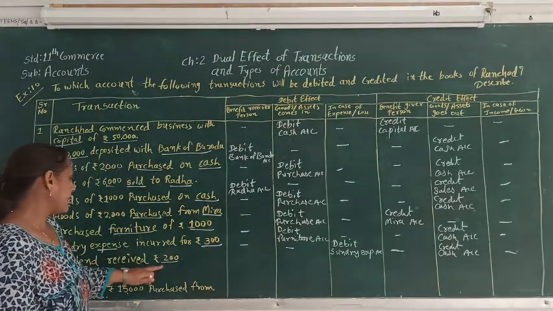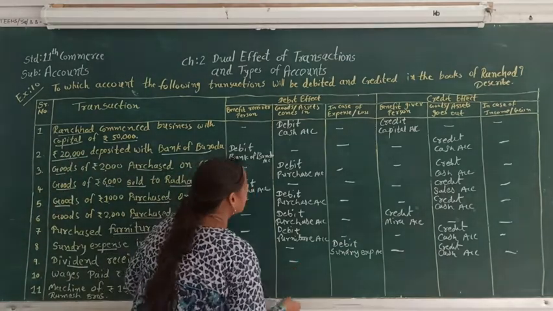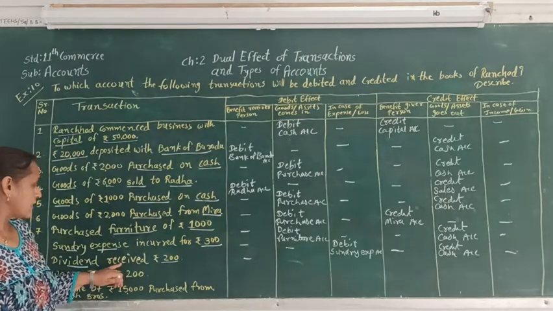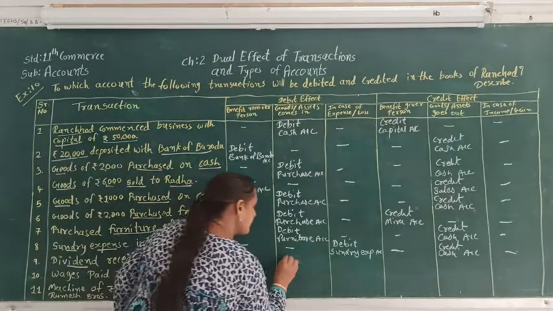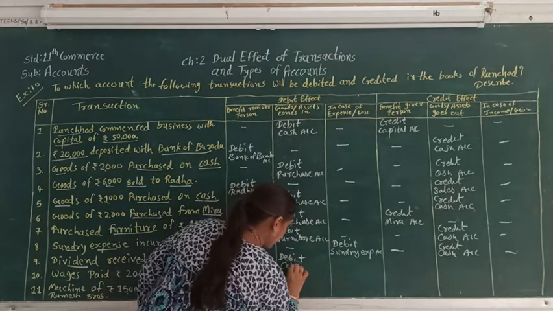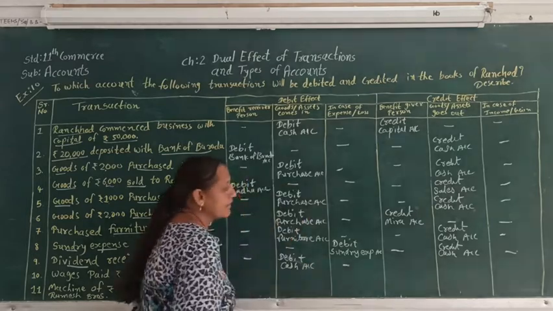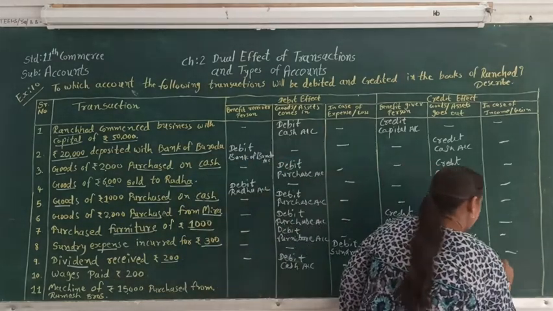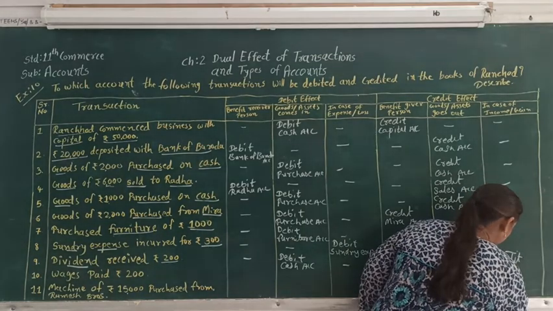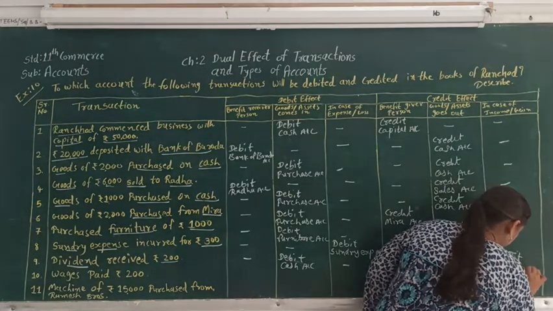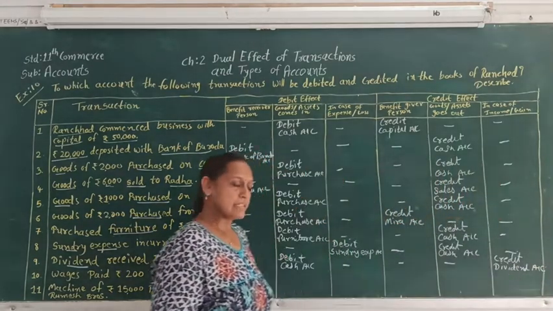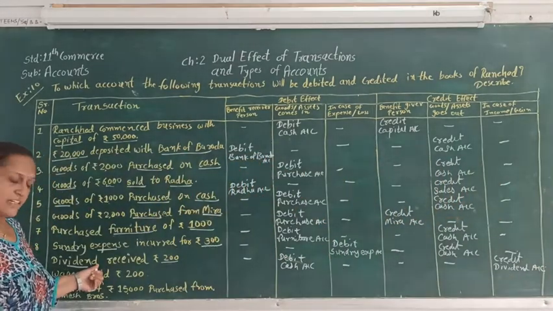So at the time of receiving the dividend, we are going to write debit cash account, and we are going to credit dividend income account. So this is the dividend received.